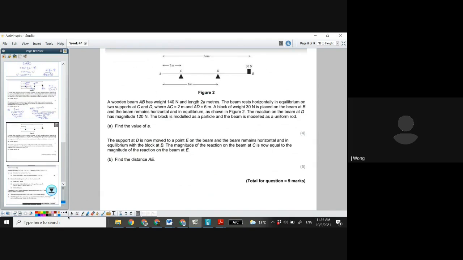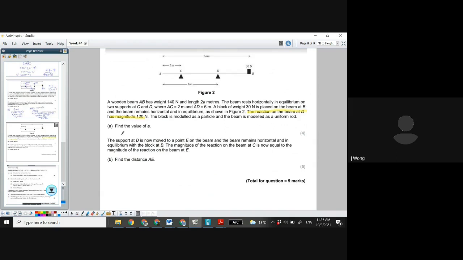You can't use the information here anymore, because that only caters for when D is exactly 6 meters away from A. So you can't just follow this sentence here and conclude that the support force at both pivots will be 120. This is something that you are not supposed to do.